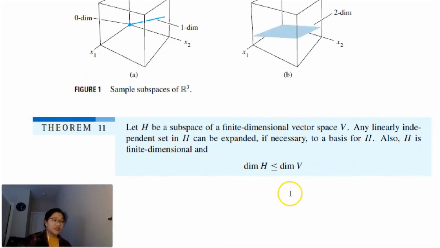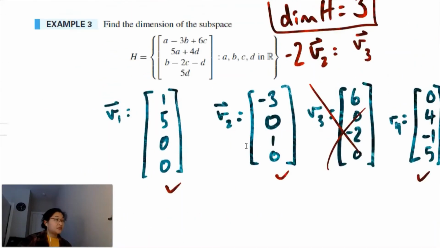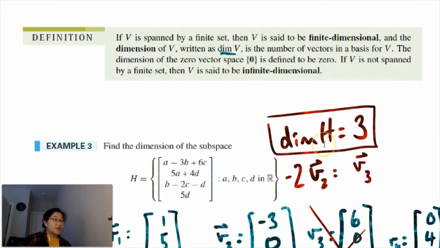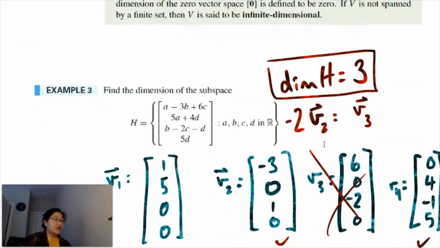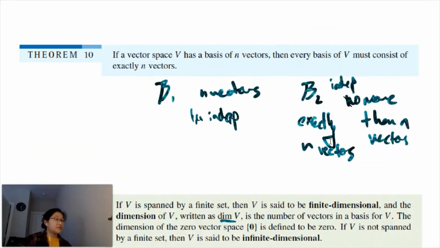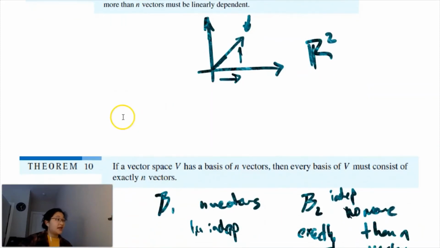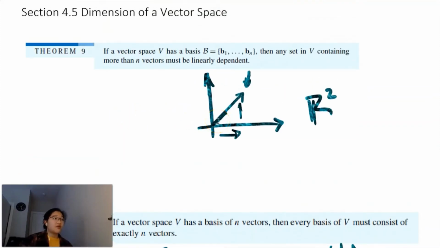The dimension of your vector space is going to be greater than or equal to the dimension of your subspace. We looked at some pictures of what that means. We found dimensions of our subspaces by looking at how many vectors were needed to form our basis, because that's our dimension. And we looked at how many vectors we needed for a basis of our vector space. When we have too many vectors, then we have linear dependence in that set of vectors.